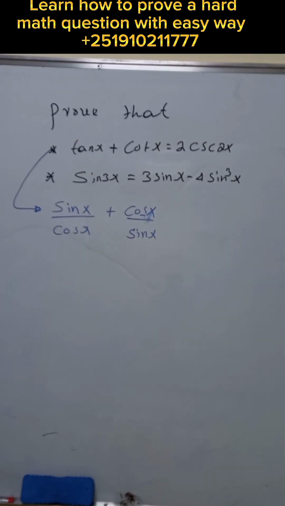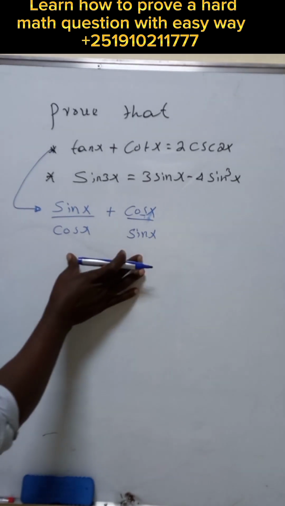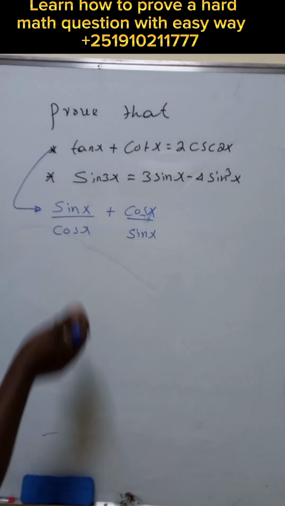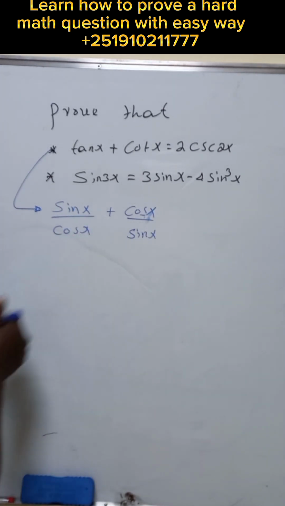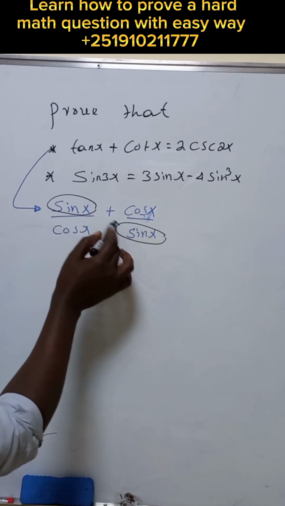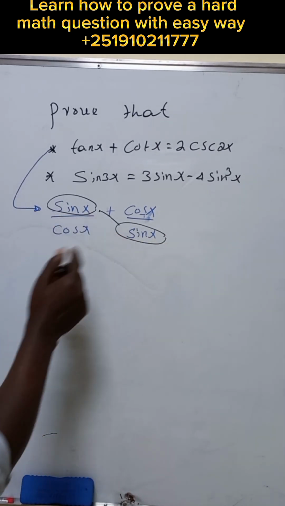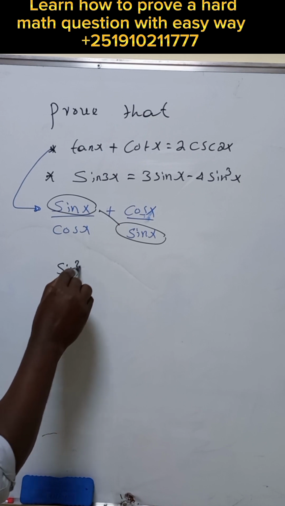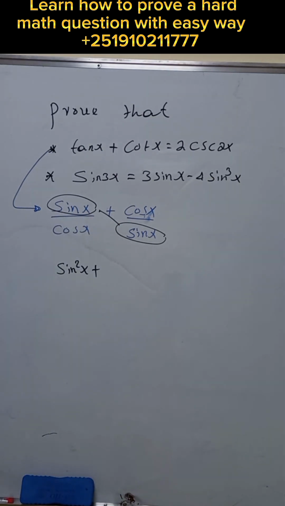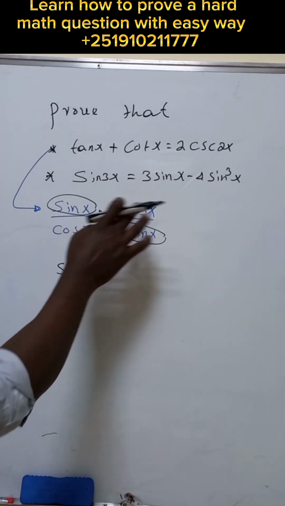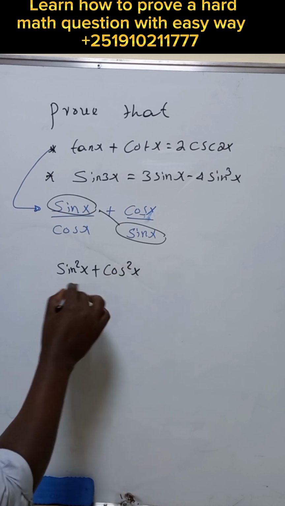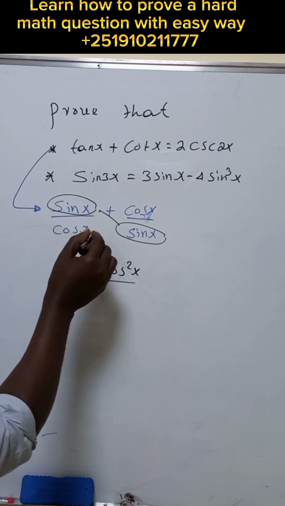Now, in order to find the sum of these two trigonometric ratios, let's use cross multiplication. Sin x times sin x will be sin squared x, and cos x times cos x will be cos squared x, over the product.